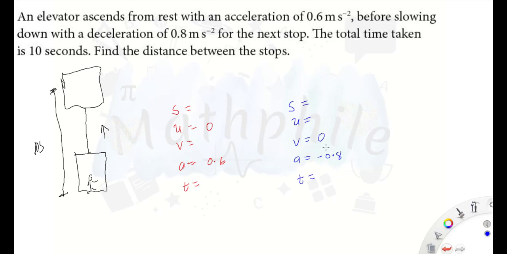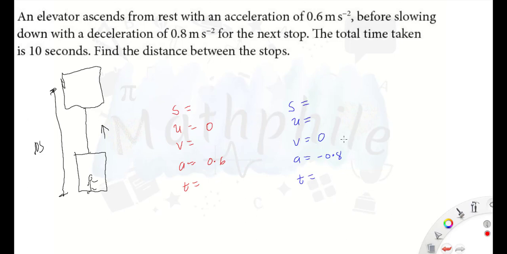We can now put thinking into the question. For time, we're told that the total time it took the particle to get to the final destination is 10 seconds. So if the particle has traveled 2 seconds in the first stage, how long will the second stage take? 8.